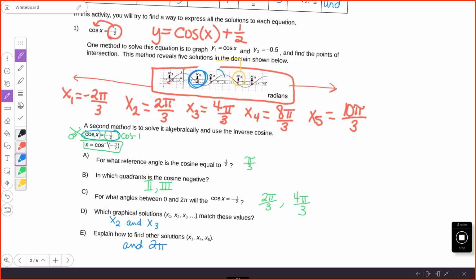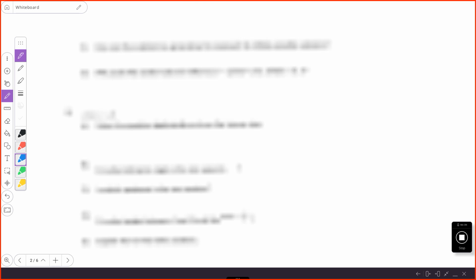If I just make it negative, it gives me this one. And that means I still have one going in the water and one coming back out of the water solution. So you can just make it negative and get both, instead of using the next one we found, which was 4 pi over 3. Either way works, but just know that that same rule applies that we used earlier in the year.